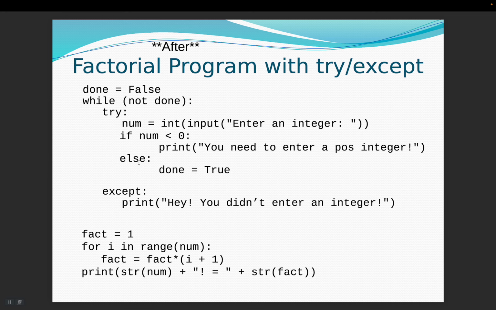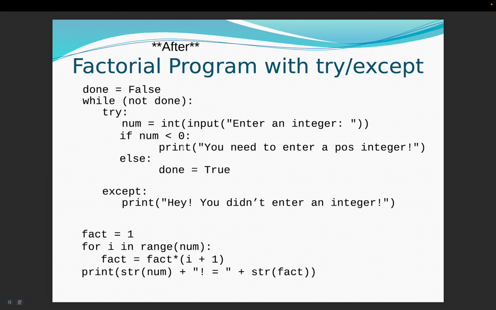So we put it in a try except block. We have a variable called done, set to false. I don't know if not is a keyword in Python or if we just use the exclamation mark, but this is the negation of false, which is true. So while true, try to get input from the user.